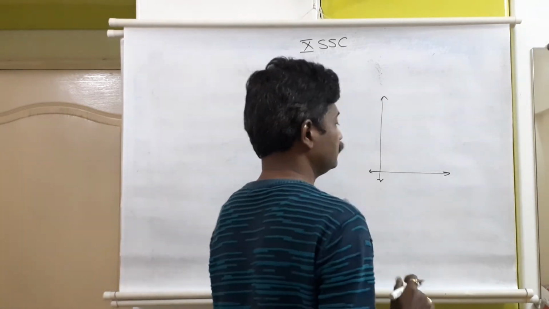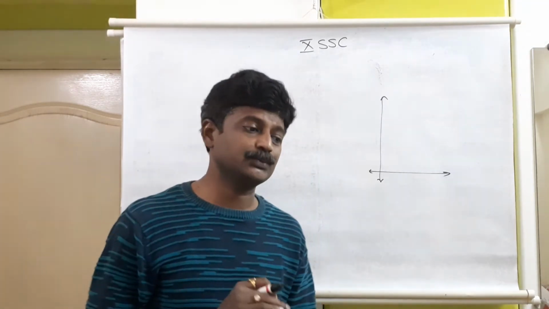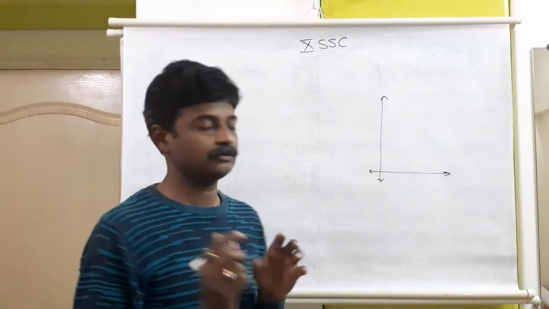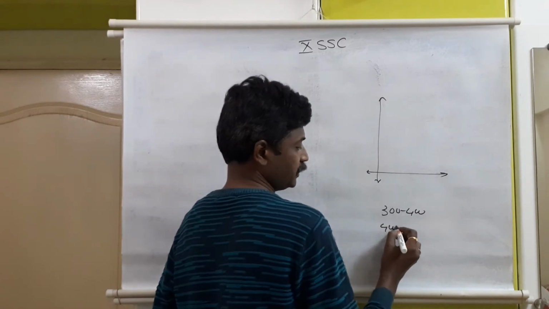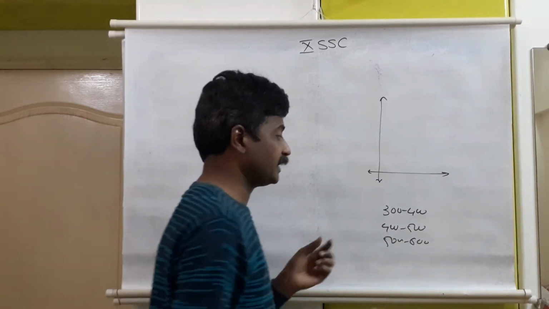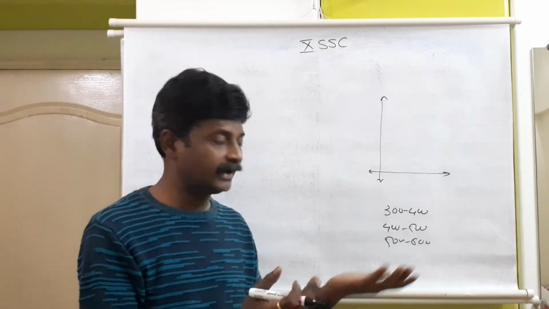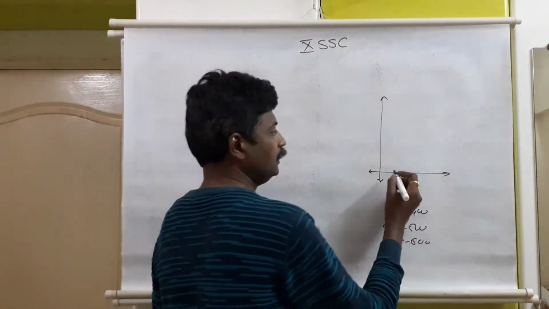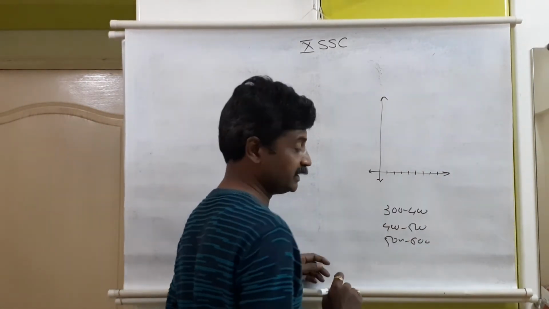Suppose the first class starts with, for example, 300 to 400. The second class is 400 to 500. Then next is 500 to 600. So we'll take 1 centimeter equal to 100 or 2 centimeters equal to 100 as per the data available with us.